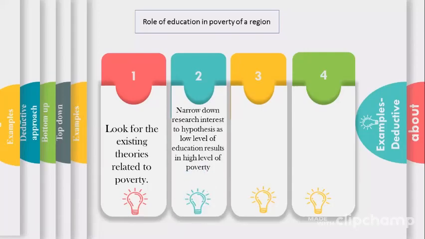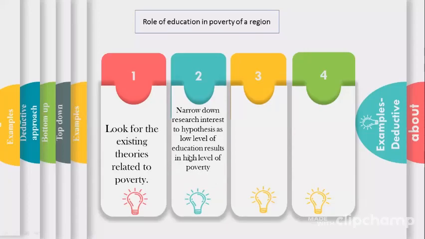Once that is done, the researcher will then narrow it down to a hypothesis. Now see the hypothesis carefully. The hypothesis says: low level of education results in high level of poverty. So already the theory is made, already the decision is made.